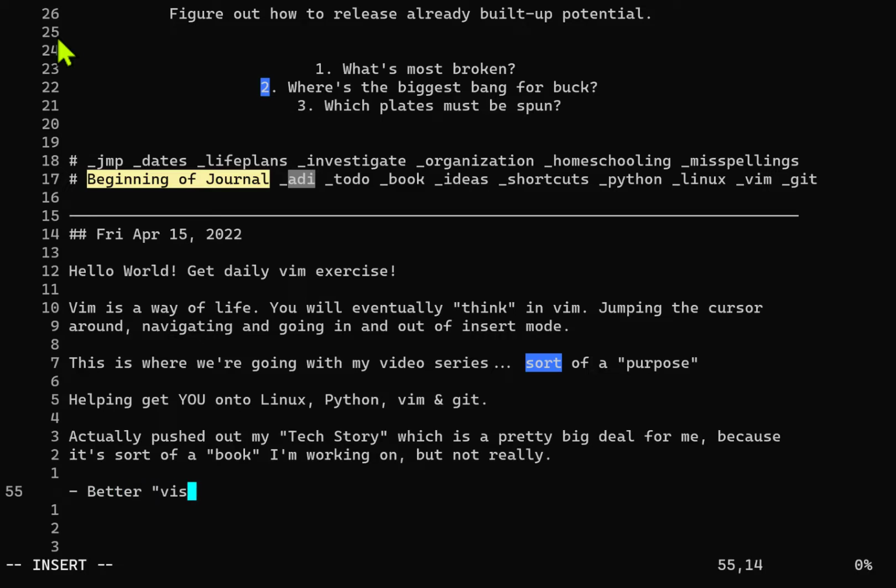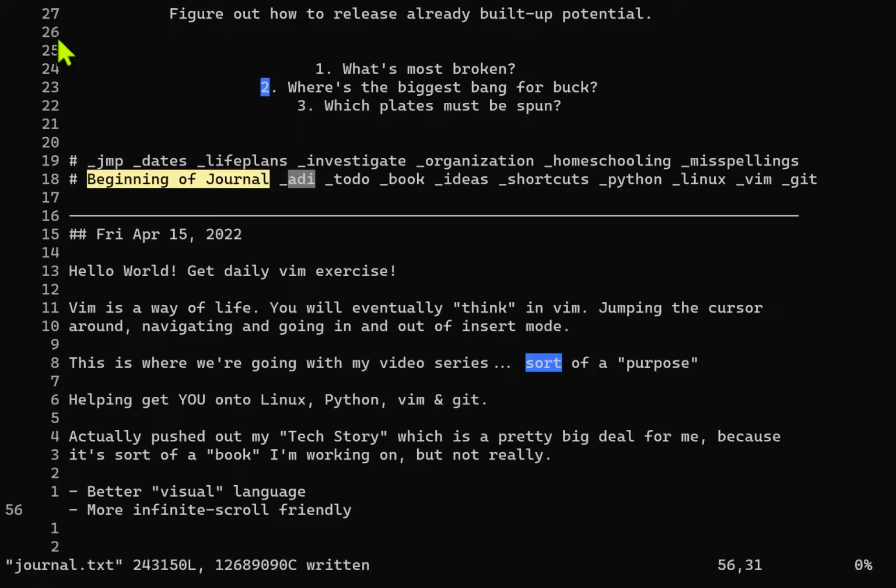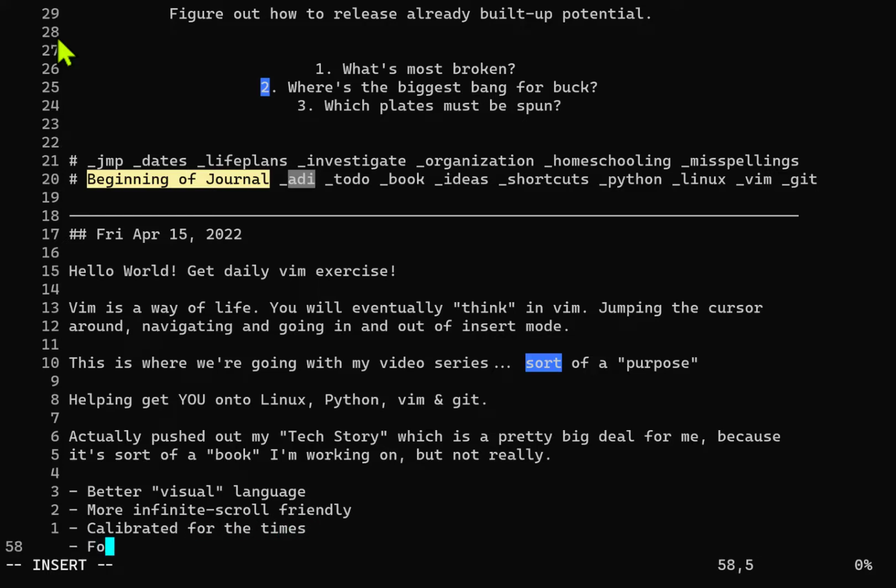Better visual language. More infinite scroll friendly. You know how people just love that infinite scroll these days, so it's sort of calibrated for the times, for seekers and journeyers looking for something.